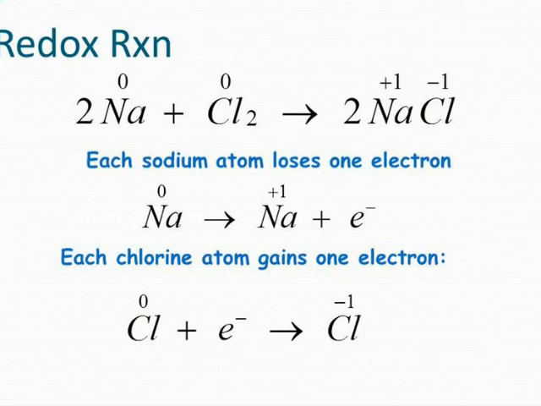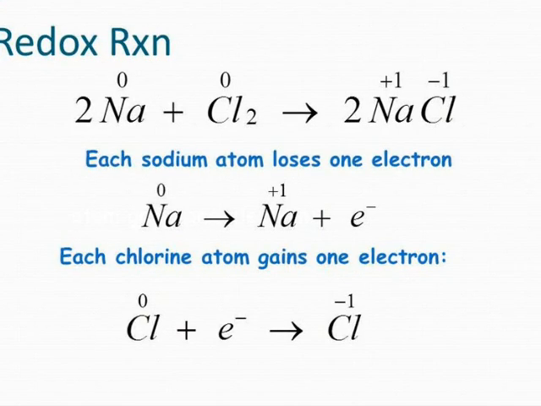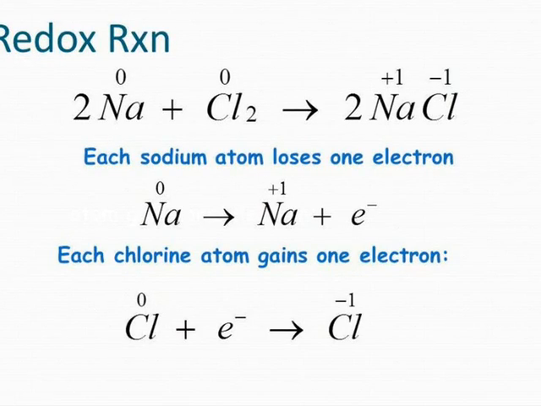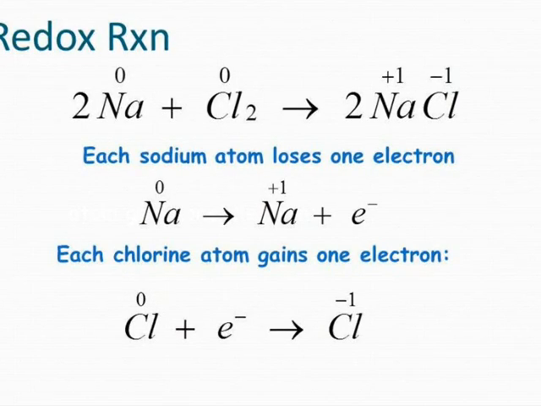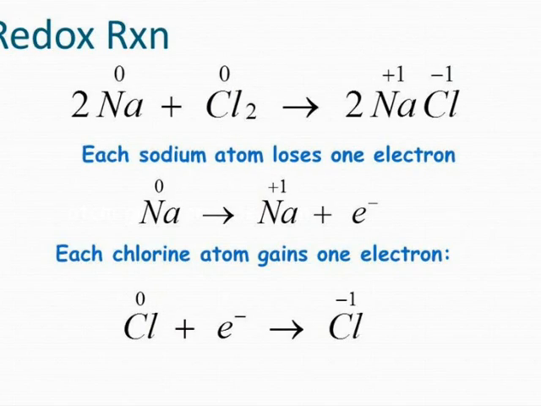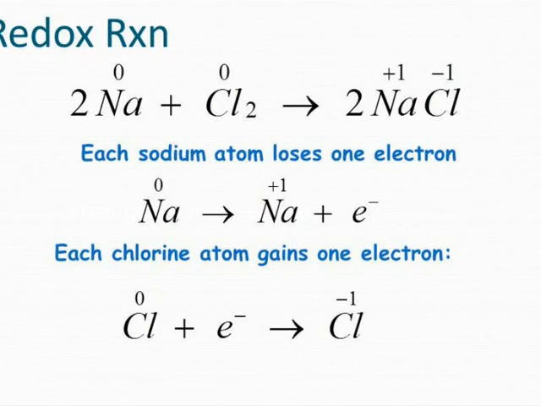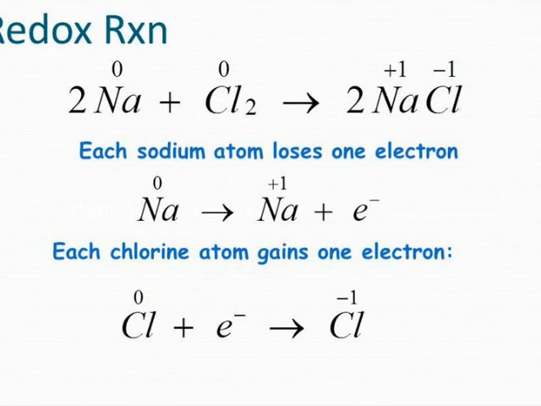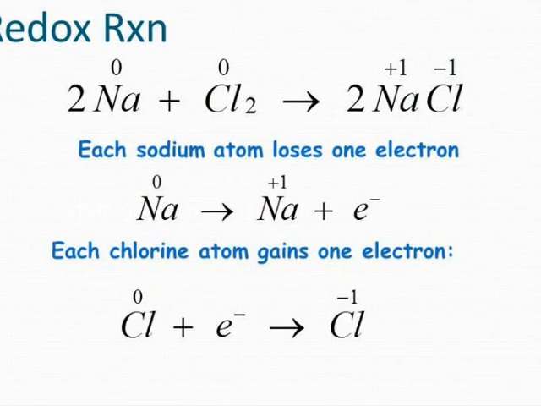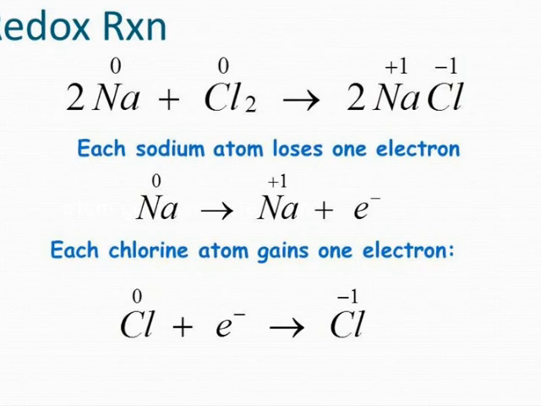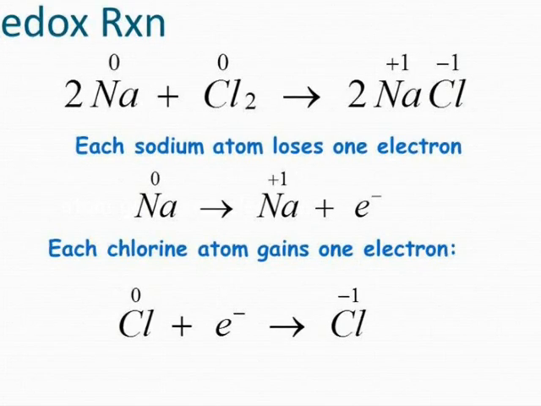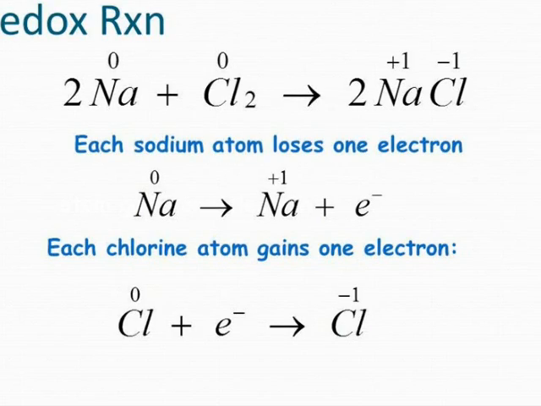And what that means is that sodium lost an electron. It loses a negative, subtract a negative, you get a positive. And chlorine is gaining the electron, so it's going from 0 to -1 because it's gaining the electron. Now take a quick look here. Is sodium being oxidized or is sodium being reduced? If we go back to our definition before, oxidation is losing electrons.